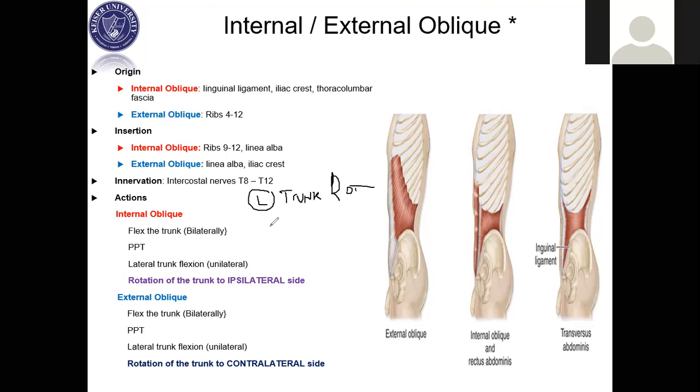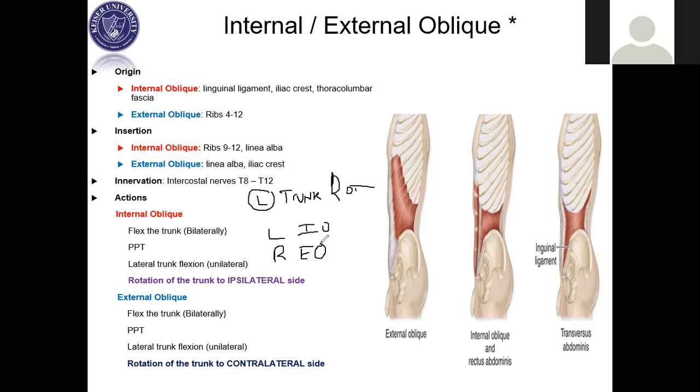So in order to go left, it would be the left internal oblique and the right external oblique that contract to do the movement. Thankfully, these are the only two possibilities. You can only go left, you can only go right.